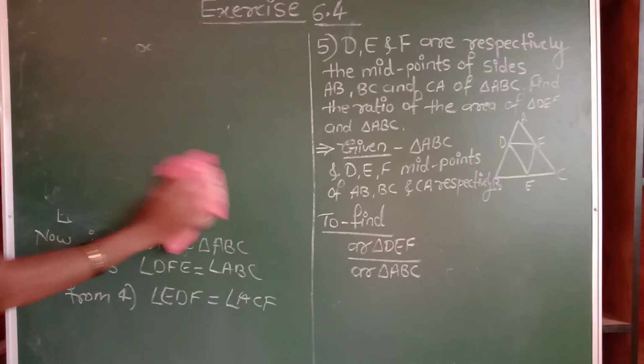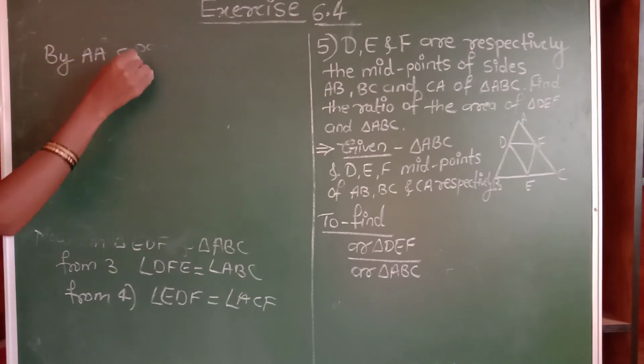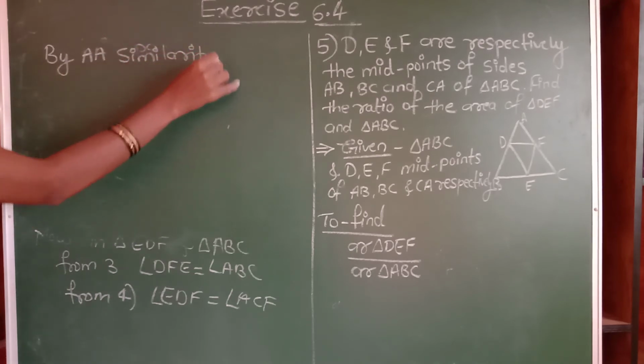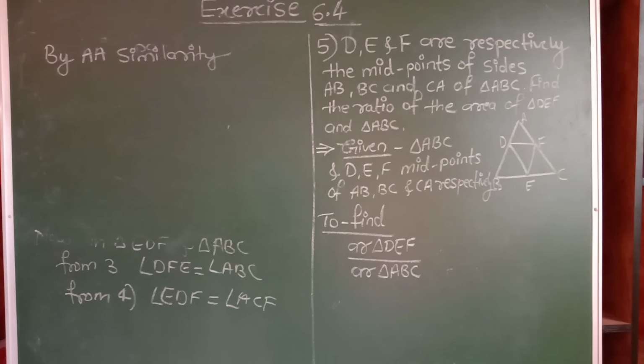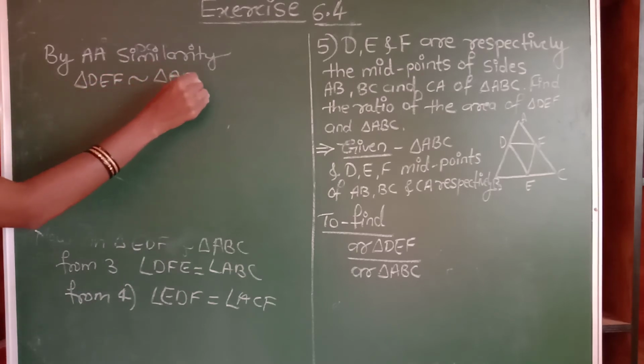By AA similarity, we can write here triangle DEF is similar to triangle ABC.